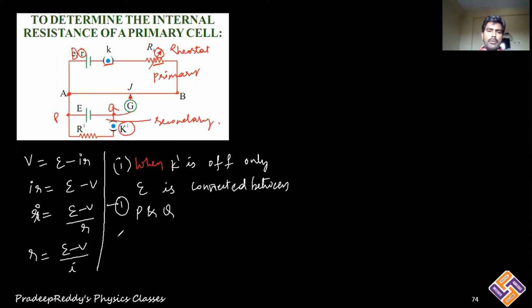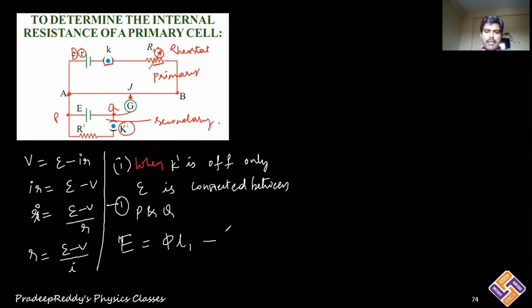Now you will be scrolling the jockey. When you scroll the jockey on the AB wire, at some particular point J you get a balance in the galvanometer. So how do you write now? E is equal to pi into AJ, that is the length of the wire, I write it as L1.